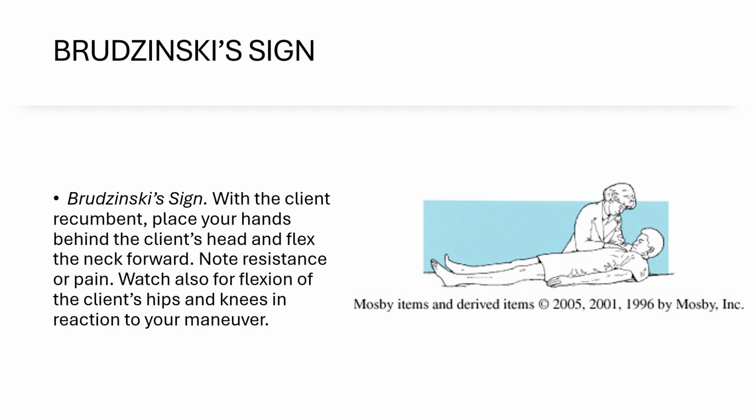You're watching for resistance, pain, and also looking for the flexion of the client's hips and knees in reaction to your maneuver. So their knees and hips may flex in reaction to you flexing their neck. A little memory trick for that one is Brudzinski's bends the body. So they will bend their body towards you flexing the neck.